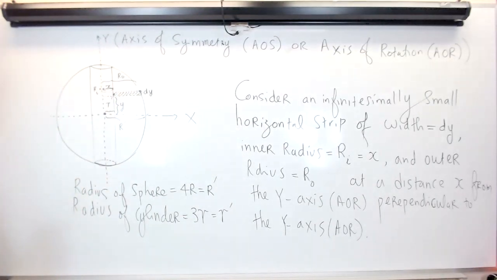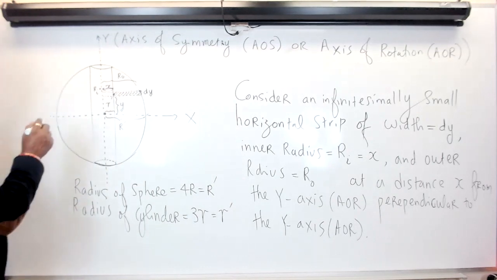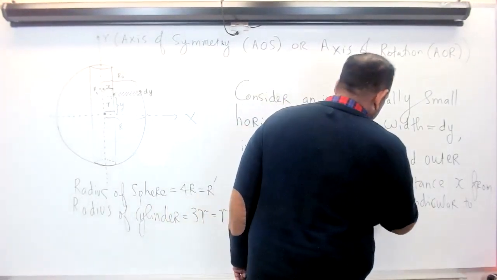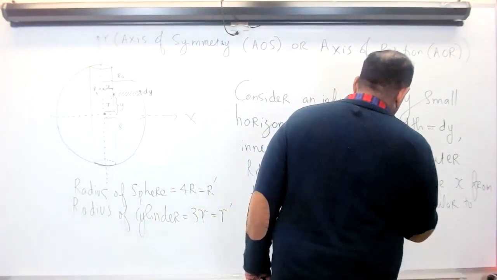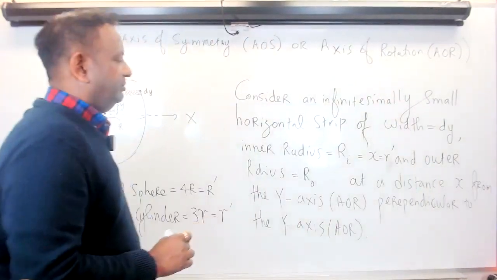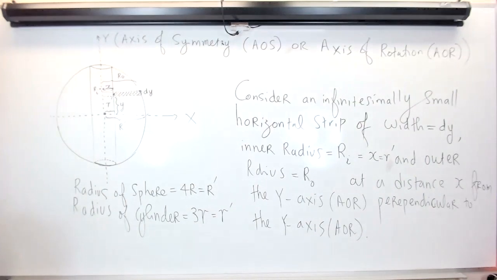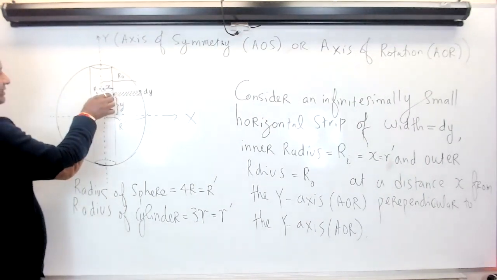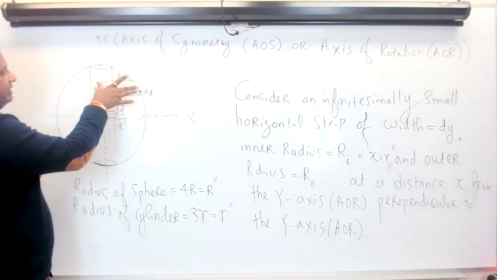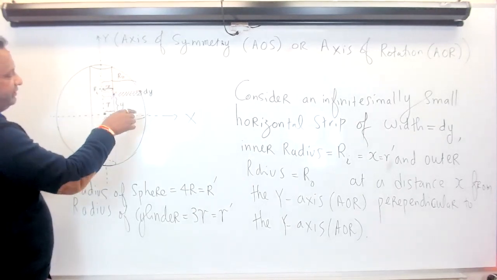X is nothing but simply ri, or rather simply r prime, same thing. This length is r prime. It's the inner radius of the strip. The outer radius would be different, not this one.